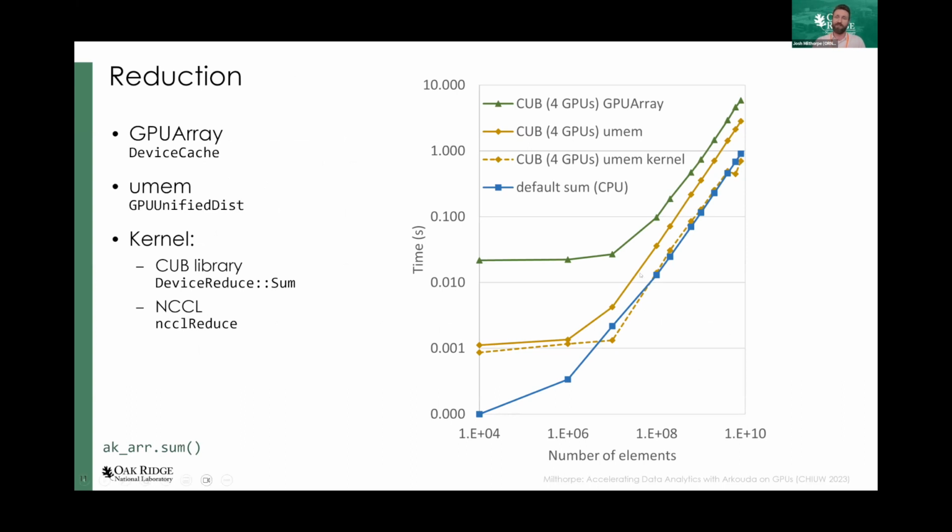So, you can see here the GPU array is an order of magnitude slower than just performing the sum on the host with Chapel's default sum operation, and even the unified memory operation is not much better. An important thing to realize, though, is that just the GPU kernel is comparable in speed to the CPU operation. So hopefully that's something that we can use.